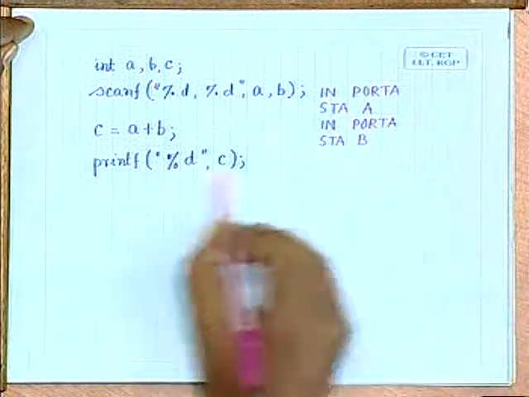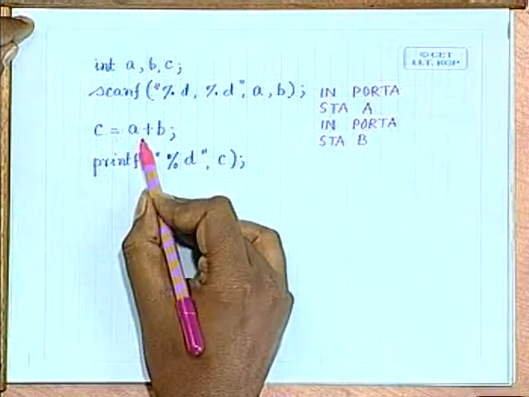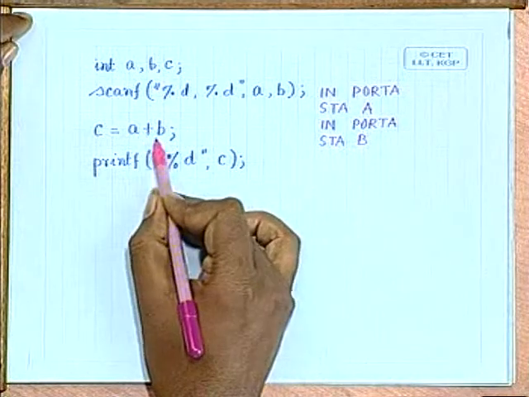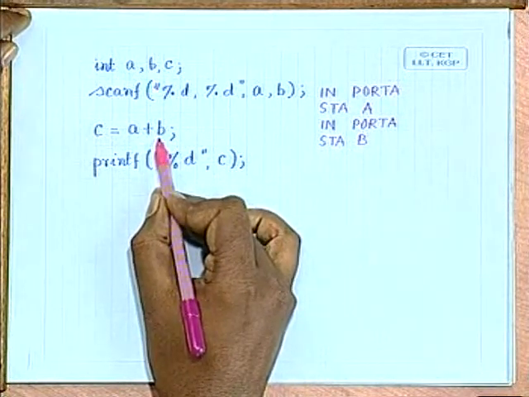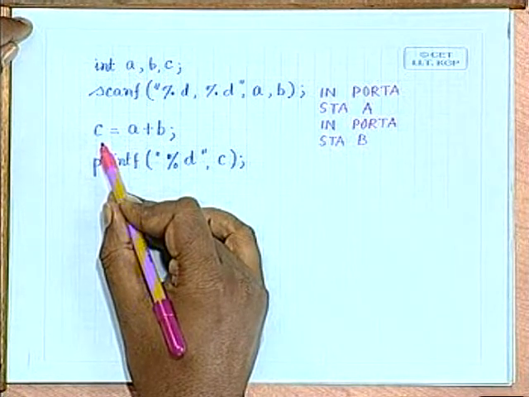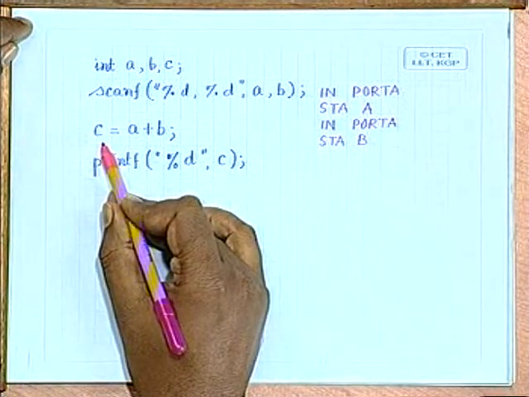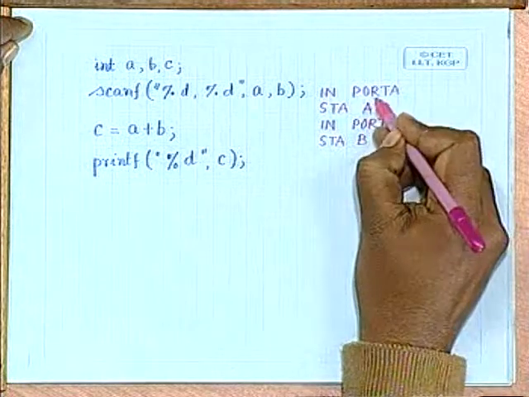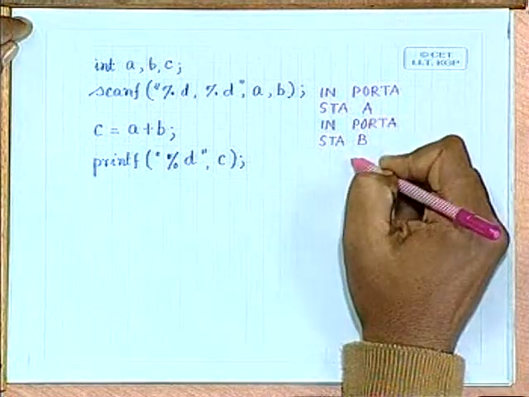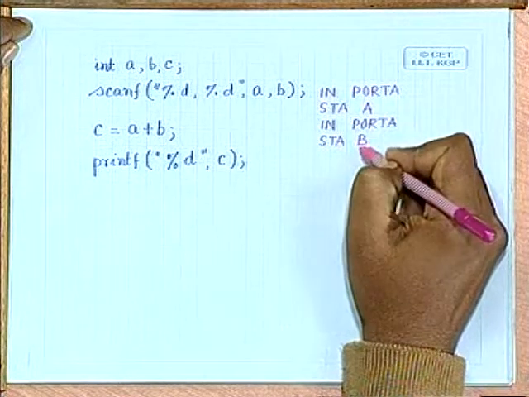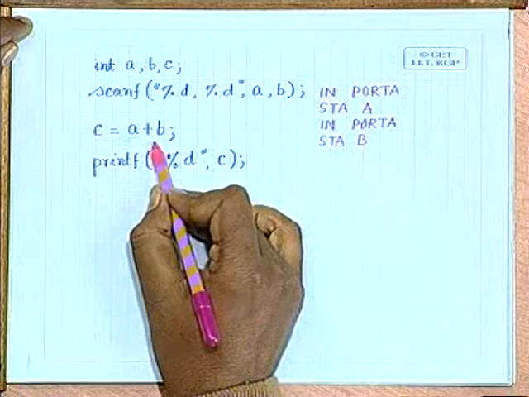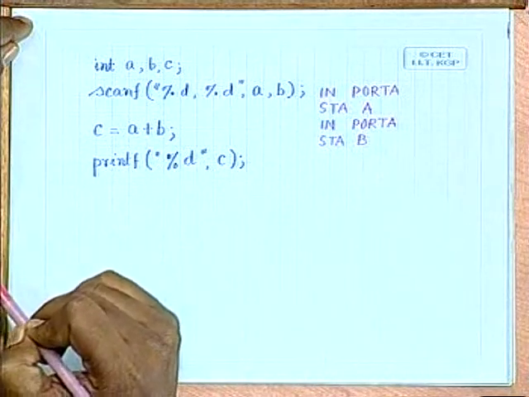Now, after performing this, we have to perform the addition of the values of the variables A and B, and after completing this addition operation, the value has to be saved in the memory location which is assigned to variable C. So, for doing this, once the values of A and B are saved in the memory, we have to get these values from the memory, and only after reading these values from the memory can this addition of these two variables be performed.